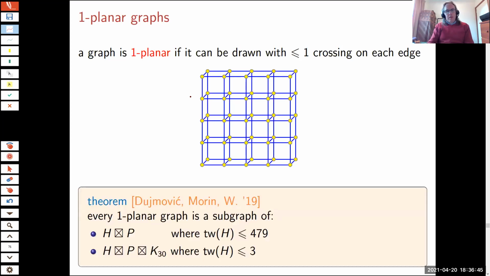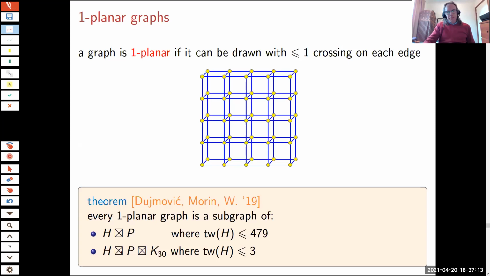And this is the theorem we showed. It's a similar thing as for planar graphs. Every one-planar graph is a subgraph of H times P, where the tree width of H is bounded by some number. It turns out to be 479. That's what pops out from our proof. And you get this three-dimensional product as well, where the nice thing is that the tree width drops all the way down to 3.